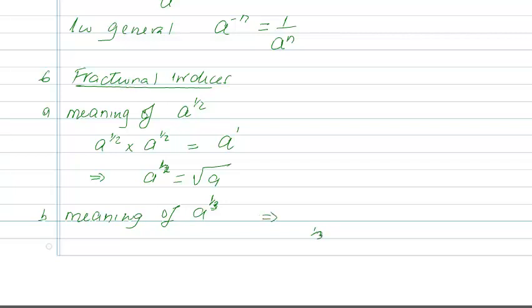This one is the same as a to power a third times a to power a third, which gives us a to power 1 if it is multiplied 3 times, meaning that a to power a third is the same as the cube root of a.